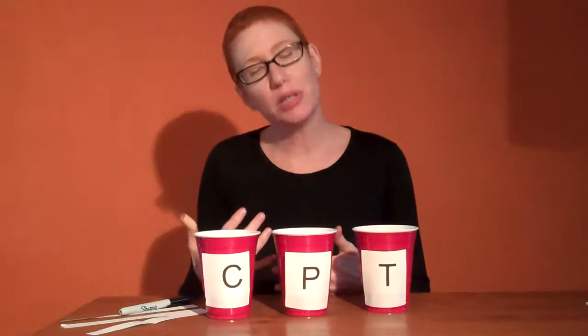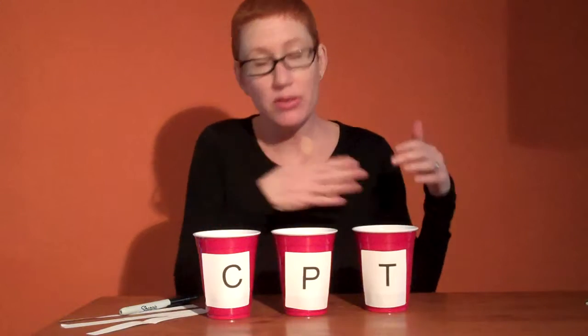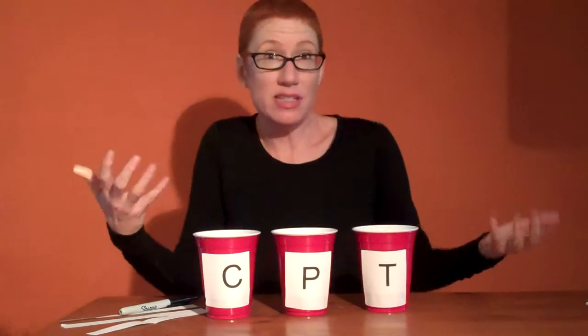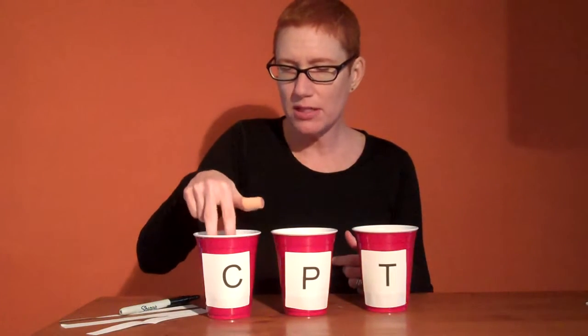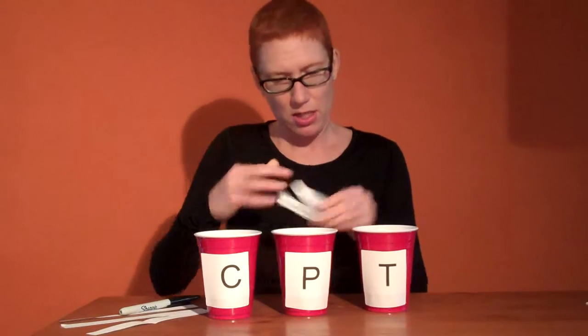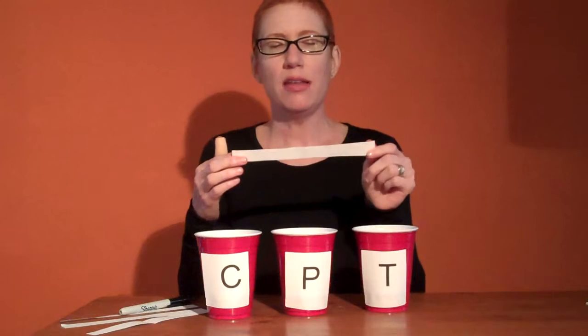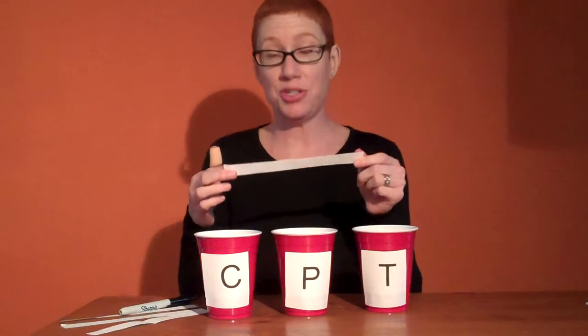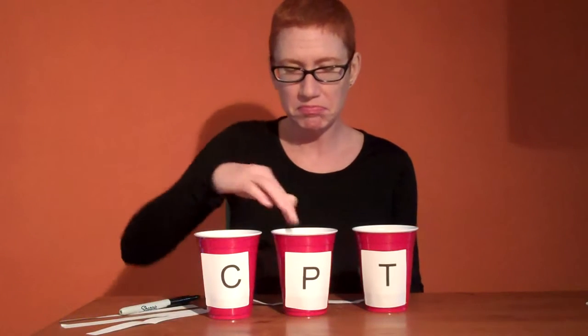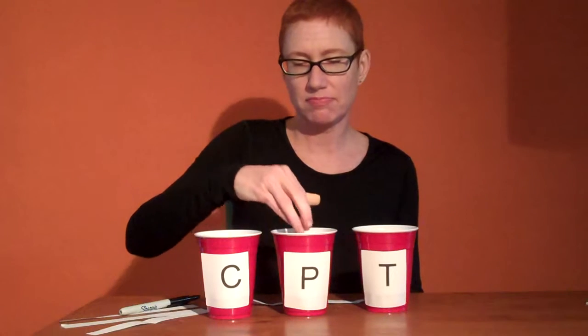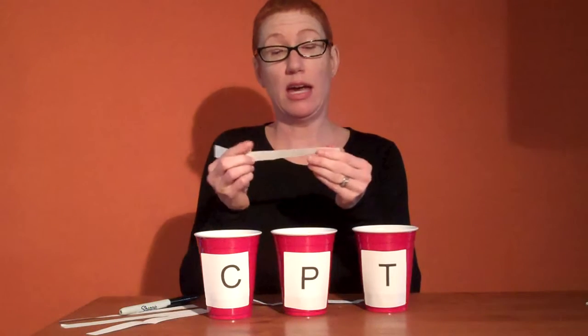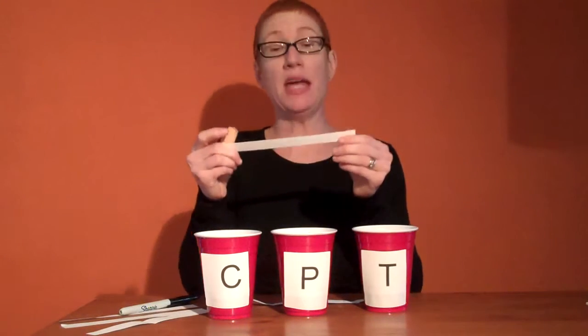So in round 2, what we're going to do is ask that you draw from all 3 cups and see what you come up with. So let's see here. I have understand healthy and effective interpersonal communication and relationships. I got compare and contrast.